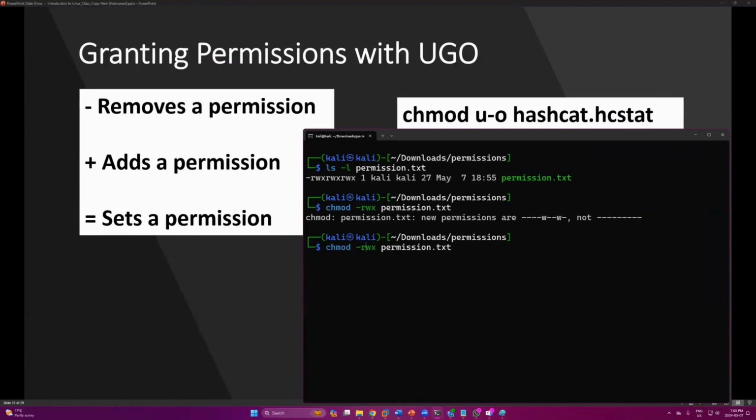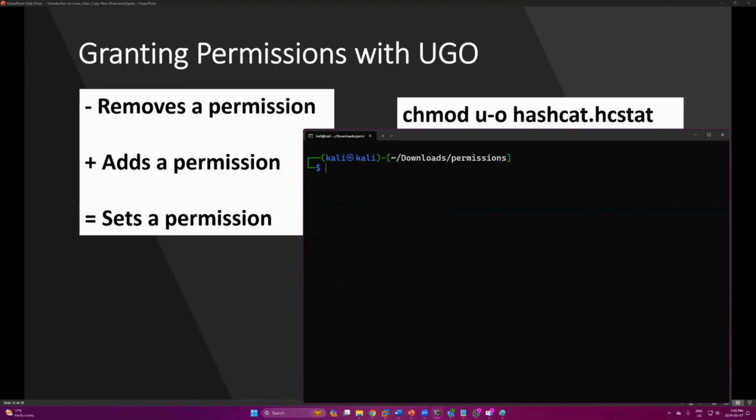Sorry. Where's my permissions right now? It should be remove all permissions. So minus read, write, and execute.